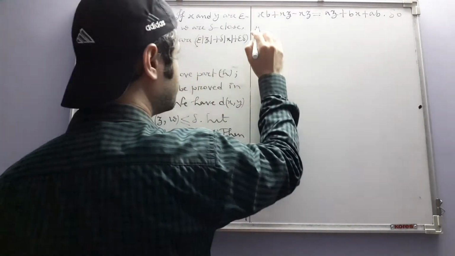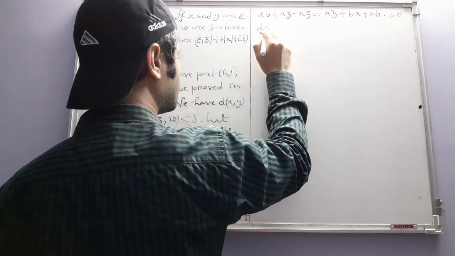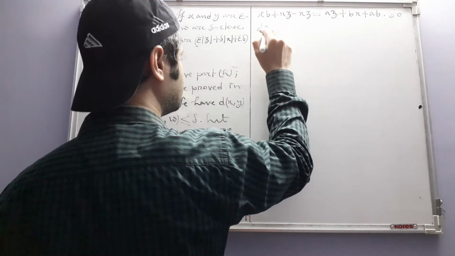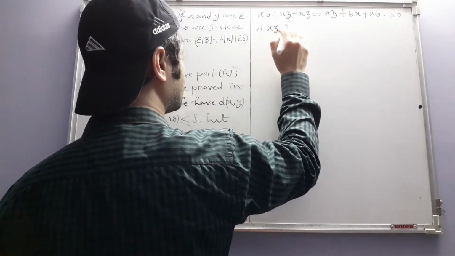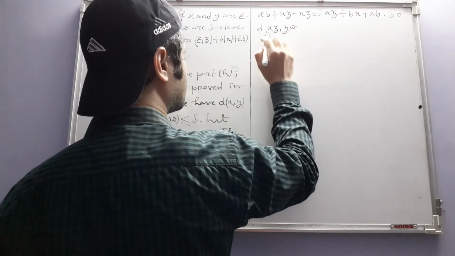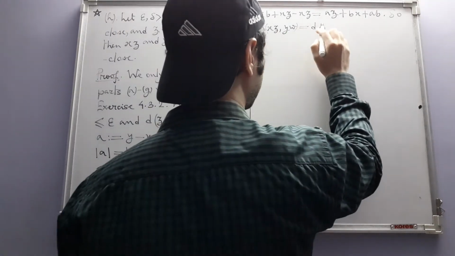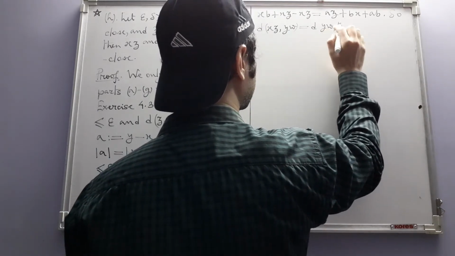So the distance between xz and yw, but because of symmetry it means the same thing, is equal to the distance of yw and xz.